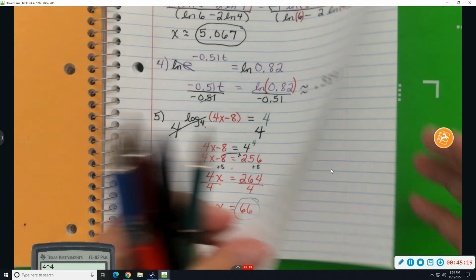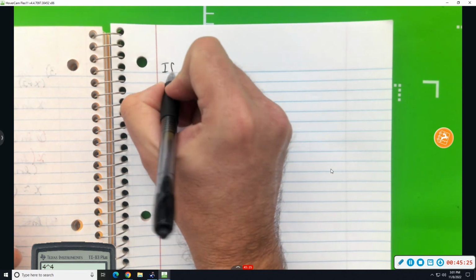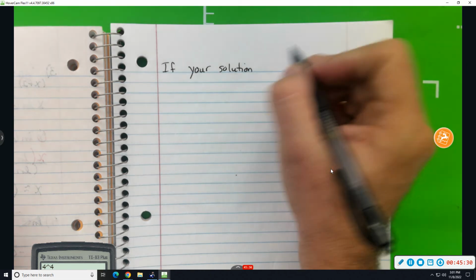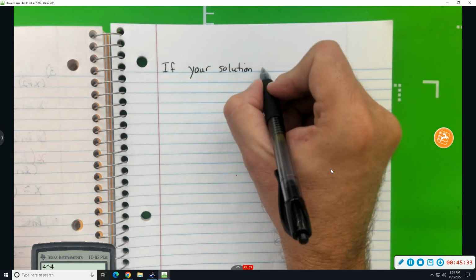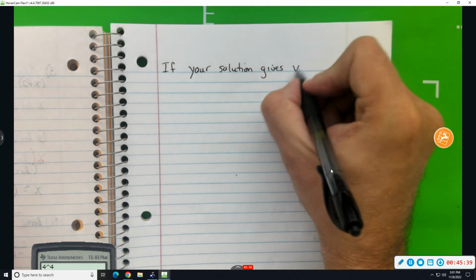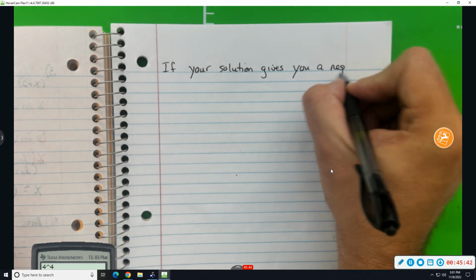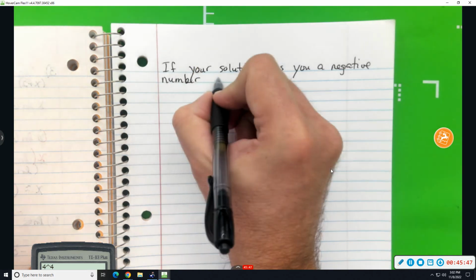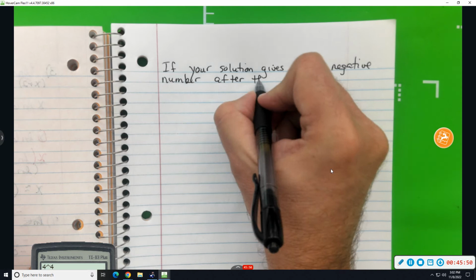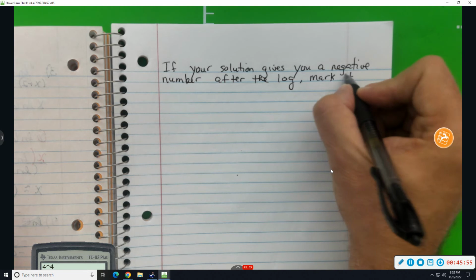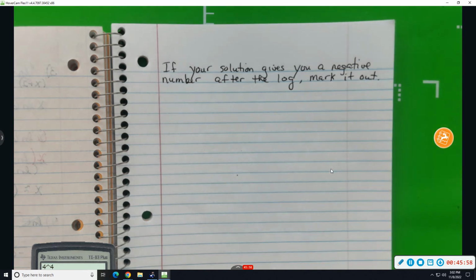Well, if your solution gives you a negative number after the logarithm, mark it out. It's possible you might get a number that's not really a solution.